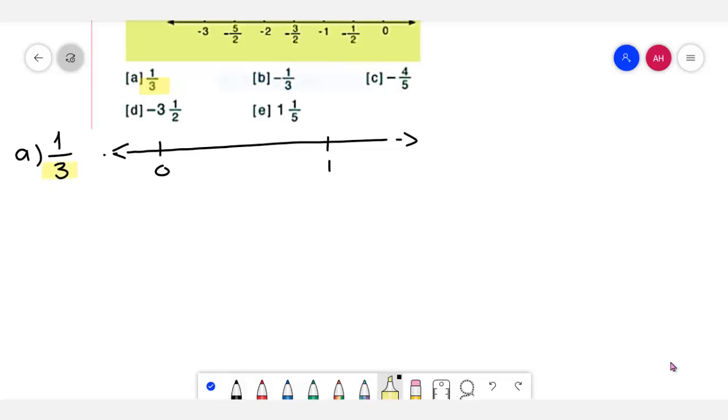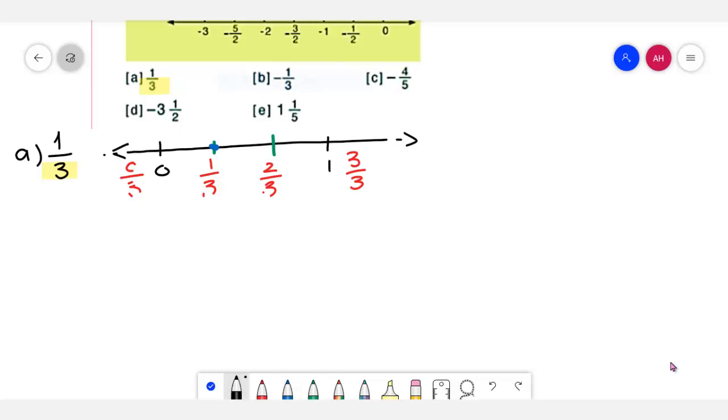My denominator is 3, meaning that I have two rational numbers between those two integers. I know that 0 is 0 over 3, and 1 is 3 over 3. So I have here 1 over 3 and 2 over 3. And here is exactly the rational number that he's looking for, 1 over 3.